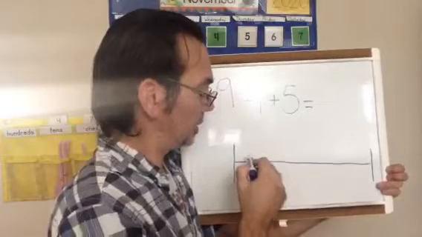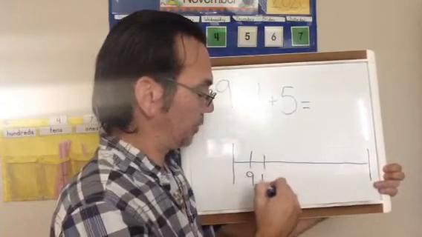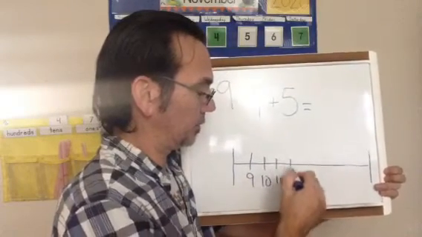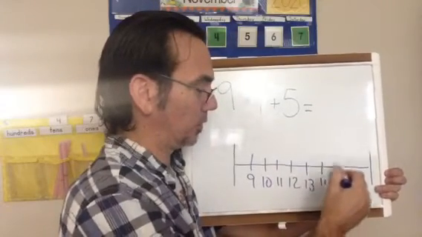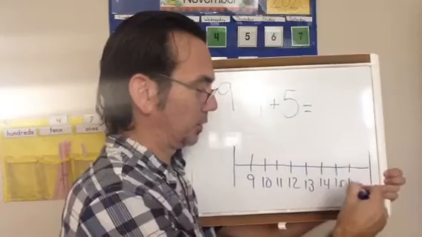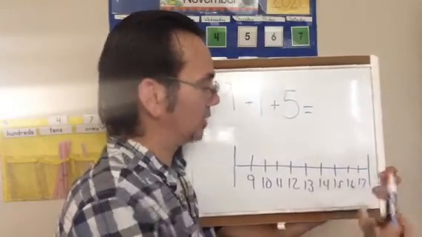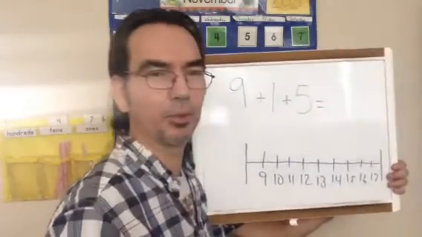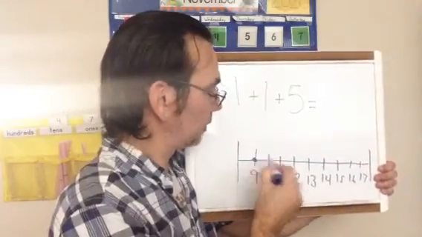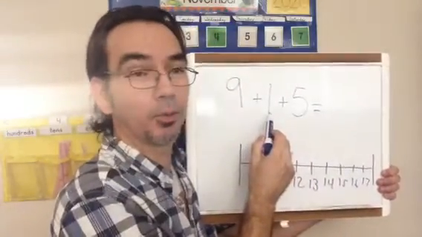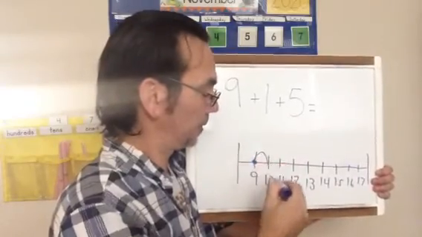Let's do 2 lines. And we'll go 9, 10, 11, 12, 13, 14, 15, 16, 17. And if I need to extend it out, we'll do that. We'll see. So we start at 9. And first thing is we jump forward 1. Right?